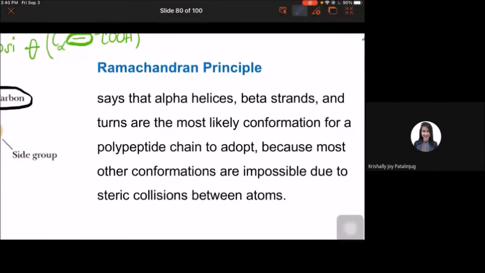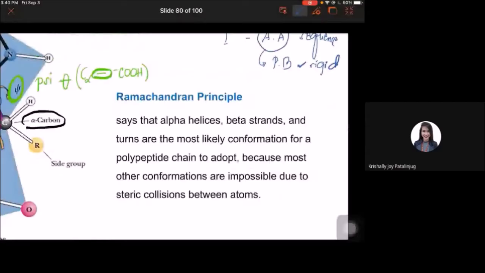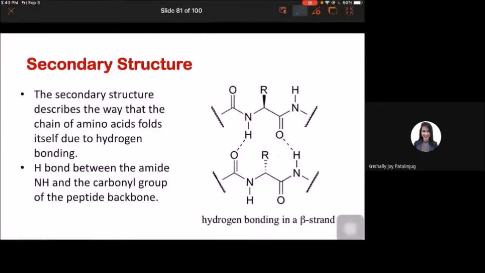Very good, that is the psi angle. Okay, next slide.